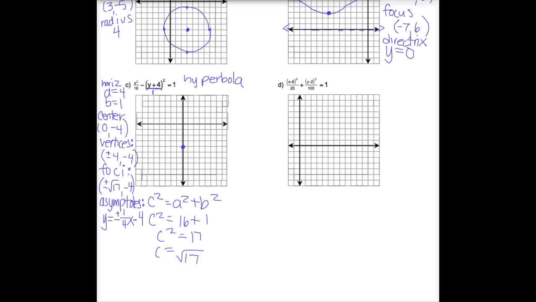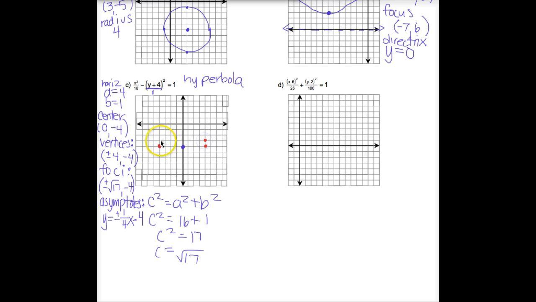So here's my center. My vertices are going to be 4 over in both directions. Then for my asymptotes, I'm going to use a slope of 1/4, so up 1, right 4.